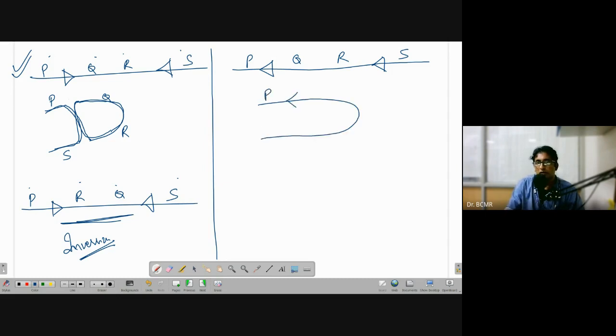This is P, and then we have Q, then we have R, and this is facing R and S. One of the rules that I told you is that both the recombinase recognition sites should be in the same orientation. As I drew here, it is not in the same orientation. So I have to redraw it.